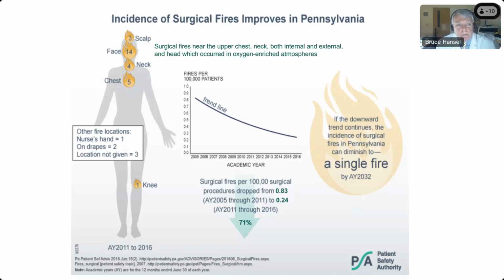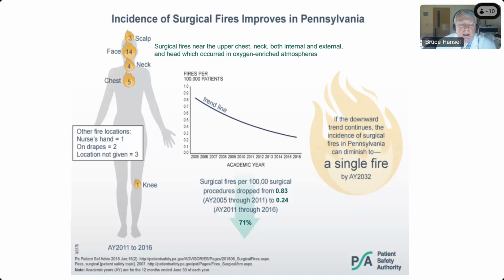It spreads incredibly quickly, faster than you can see, and then it reaches the next available fuel, which can be a huck towel. And the fuzz of the fiber of the huck towel also acts like a grass field. And then it reaches the drape and can actually get beneath the drape. And if there's oxygen under the drapes that has accumulated, then the whole drape can go up.